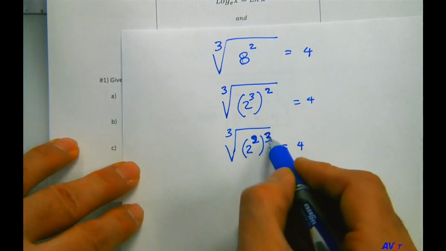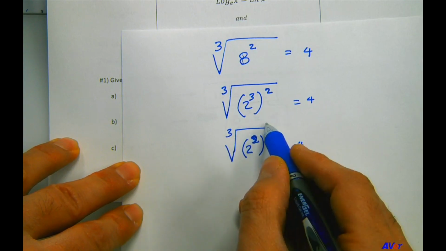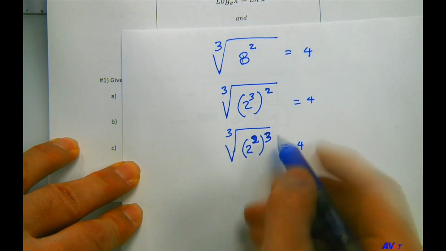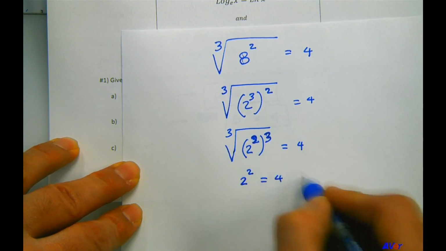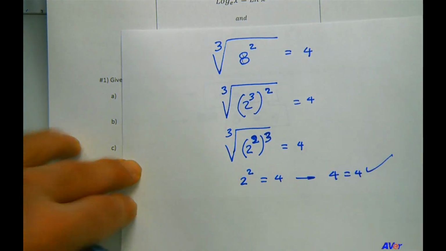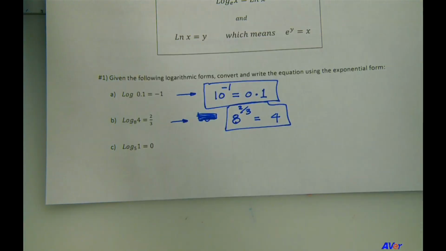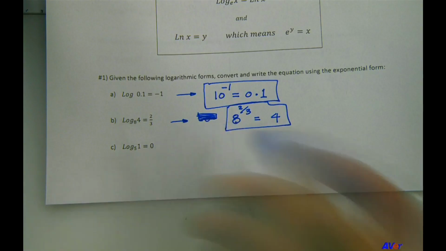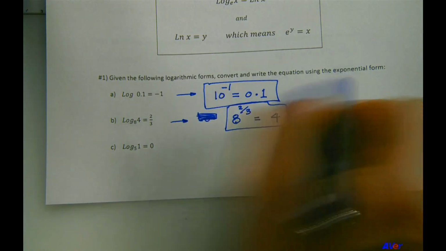Then this power on the outside is equal to the index of this root expression, so they cancel each other out, right? So 2 squared comes out, and we know that that is equal to 4, so 4 equals 4. That is a true statement. I just wanted to show you that in case you're curious. Can we simplify this? Yes. But for this case, we just want to go this far.